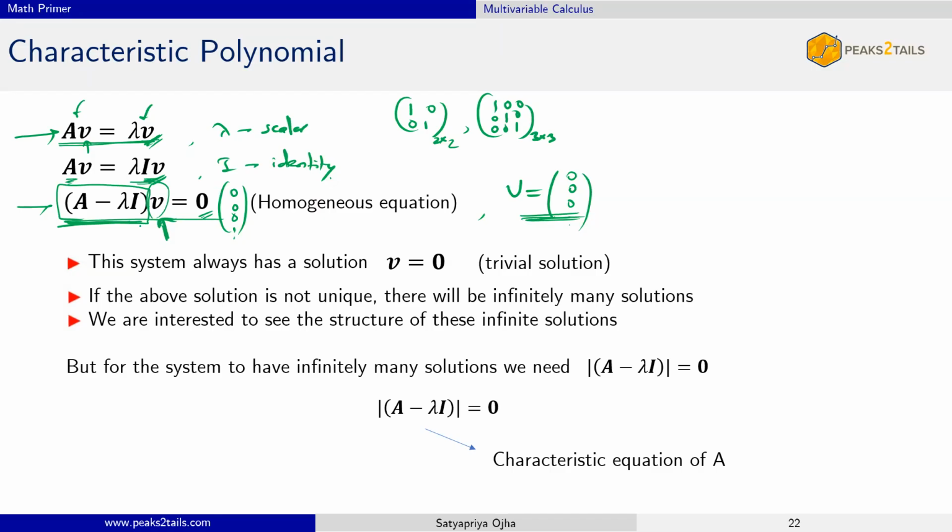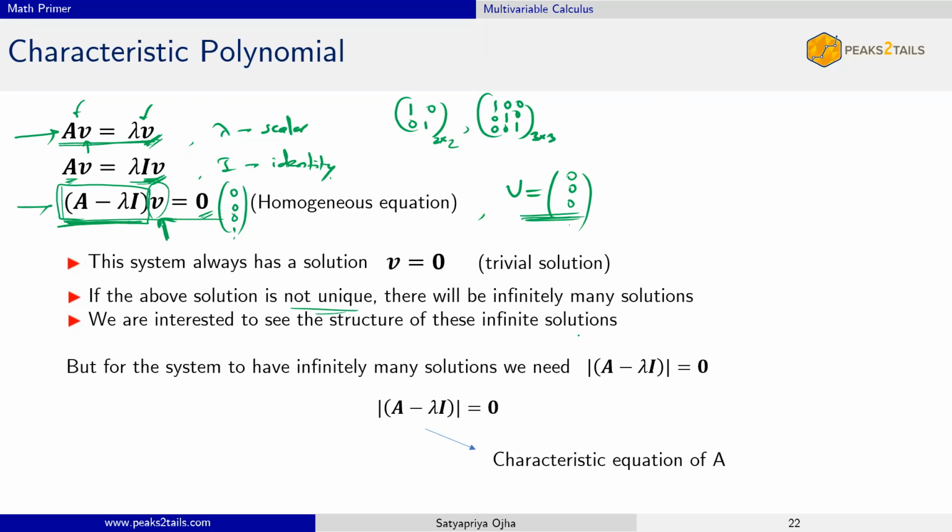So if the solution is not unique, there are other solutions, right? If it is a case of infinitely many solutions, there exist infinitely many such vectors for which this is satisfied. Okay, so if the solution is not unique, that means there are infinitely many solutions, then the determinant of this matrix would be 0.